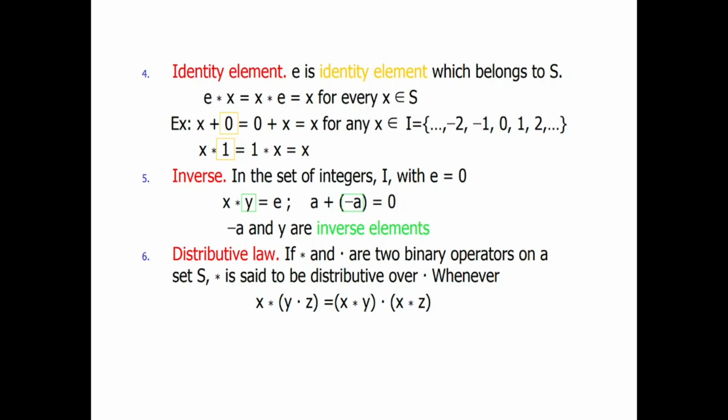For 0, x plus 0 equal to 0 plus x equal to x, for any x belongs to I, which includes the values minus 2, minus 1, 0, 1, 2, etc. With respect to 1, x into 1 equal to 1 into x equal to x.